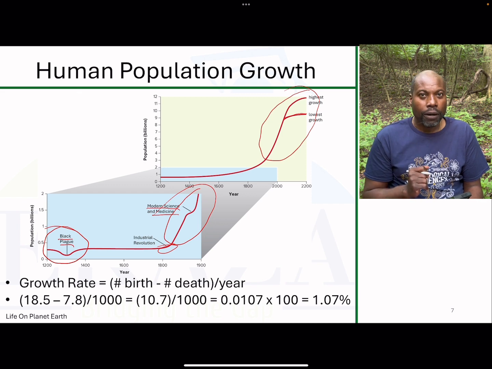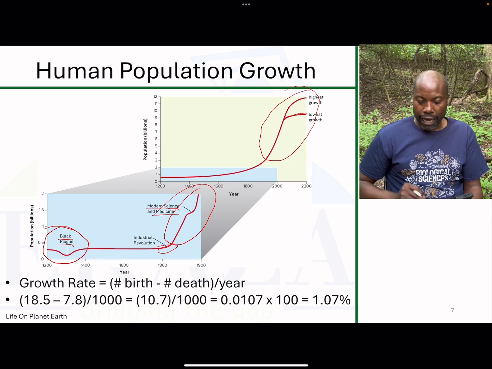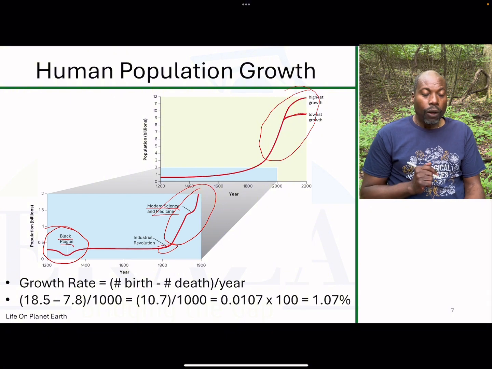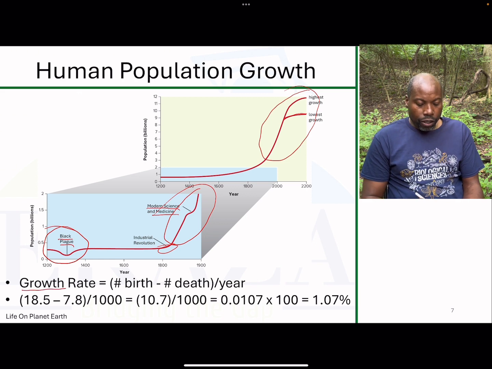We don't know. But there are some assumptions that it can be maybe 2050, but it's only an assumption, okay? Now, when we talk about human population growth, there are a few things we have to take into account. One is the growth rate, okay?